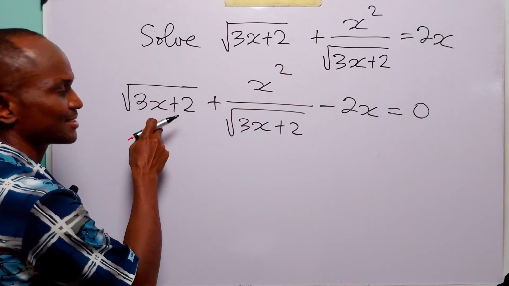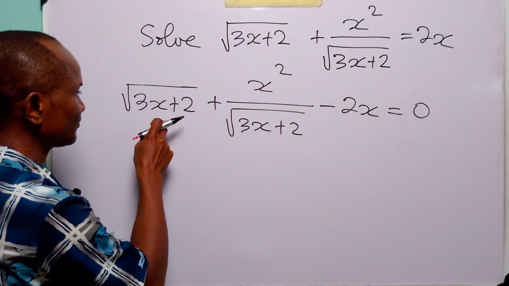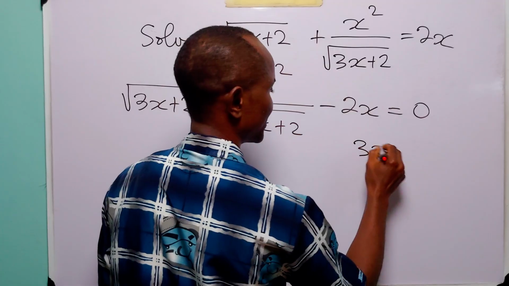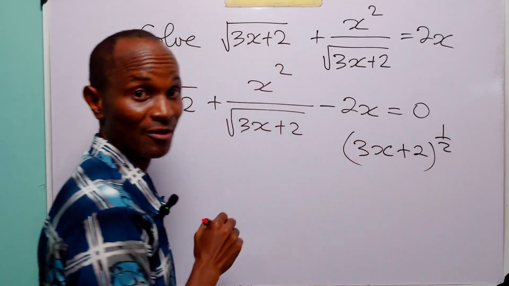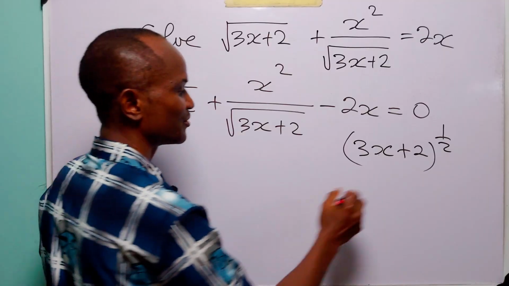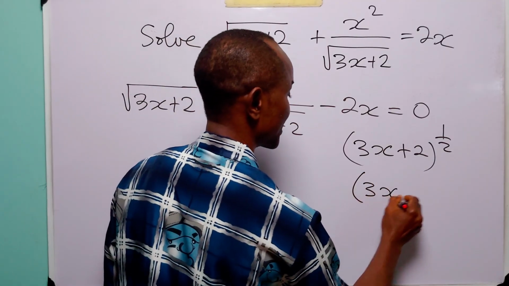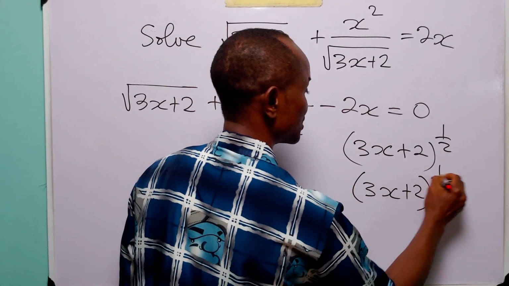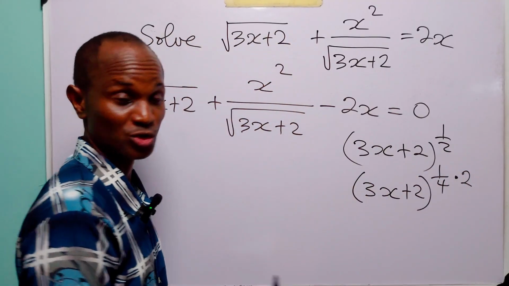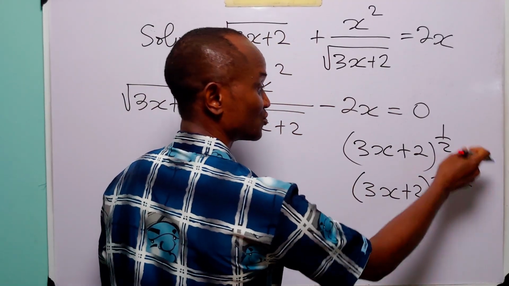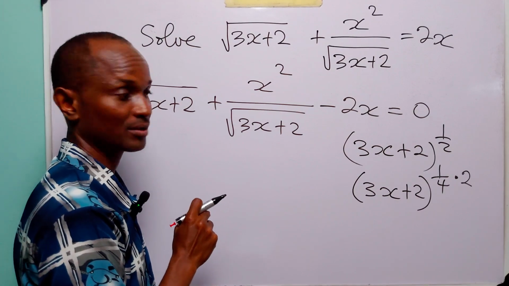Now, let us look at this quantity. This can be written as 3x plus 2 to the power half. It can also be written as 3x plus 2 to the power 1 over 4 multiplied by 2, because of course, you know that 1 over 4 times 2 is equal to half.